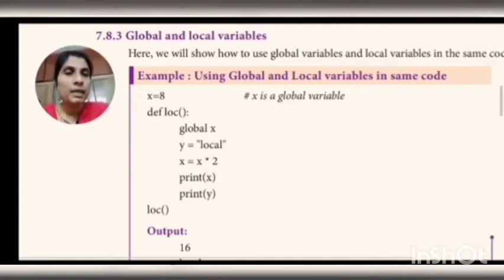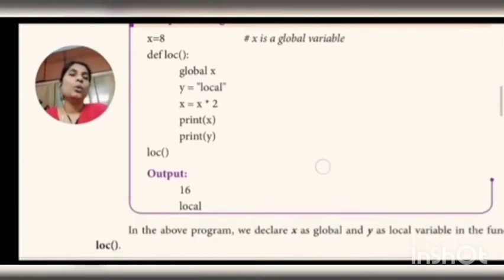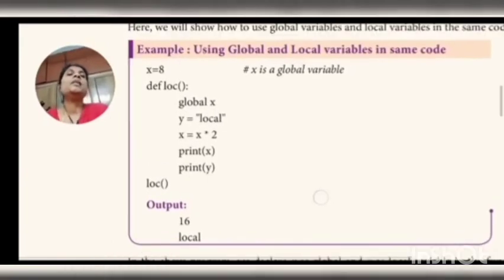The next statement is print x, so we are displaying the value of x. In the next statement we are displaying the value of y. Next we are calling the function loc. You can see that of those two print statements, the first displayed 16, which is the new value of x.